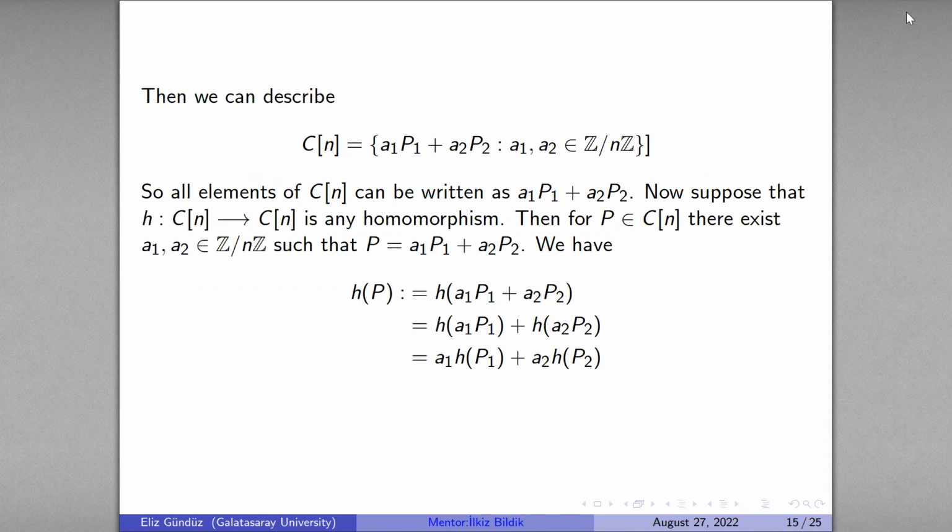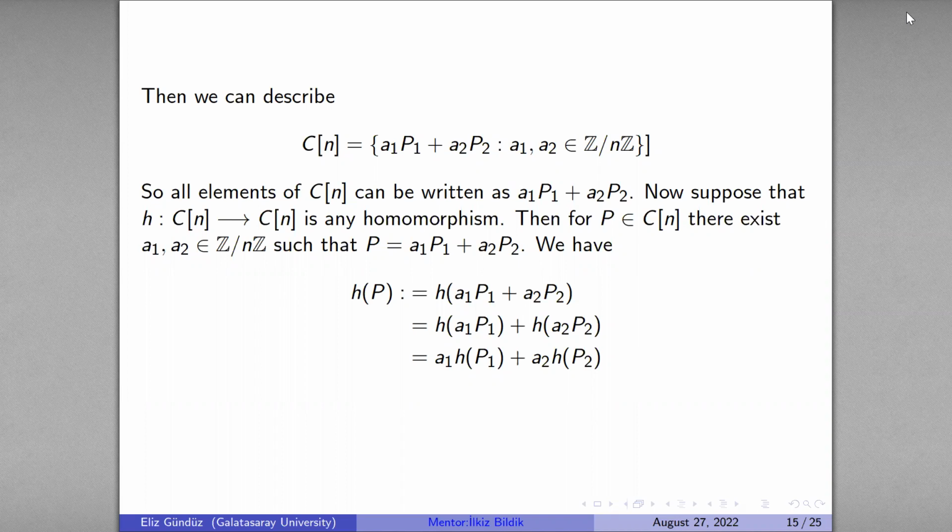And recall that we proved Cn is isomorphic to the direct sum of two cyclic groups of order n. So by using basic linear algebra, Cn is generated by two elements. We fix those elements, say P1 and P2, and we can describe all the elements as linear combinations of P1 and P2.